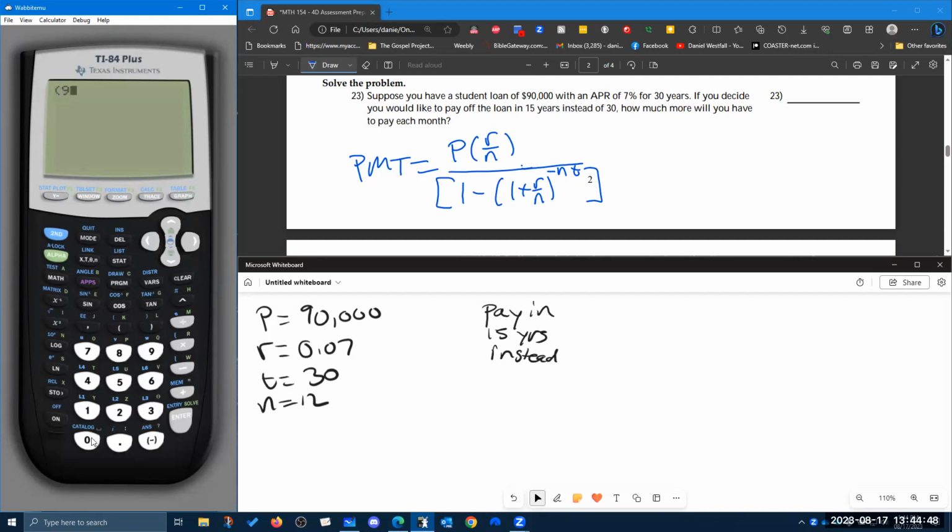So 90,000 times 0.07 divided by 12, divided by 1 minus 1 plus 0.07 divided by 12, raised to the negative 12 times 30 power.